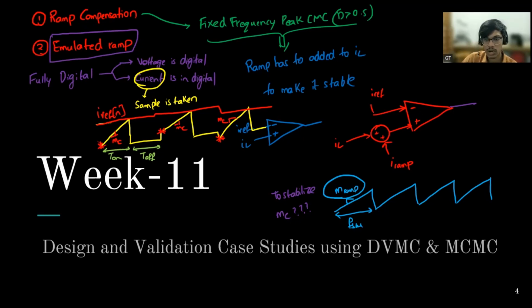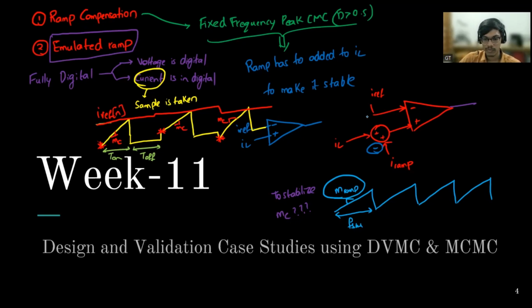Say the system is stable and your MC is very, very small, and you subtract it from I reference; it might have some effect, but it still might be stable. But if you keep on increasing MC, there will be a point where it is unstable. So we are adding it only to stabilize it. We'll never subtract.